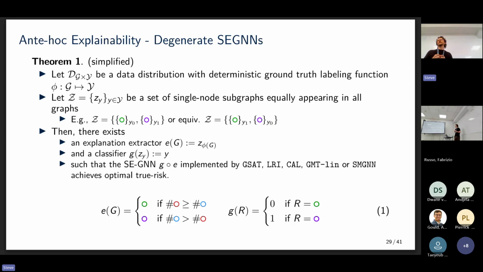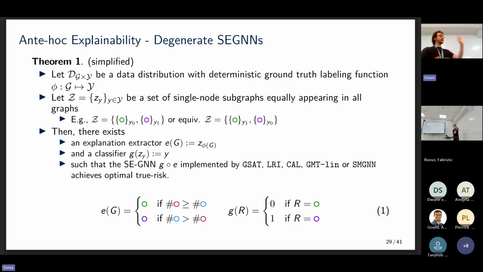So this is kind of the extreme case where the explanation is this very specific anchor set, but actually in principle, you may have any supergraph of this anchor set, right? And they may even change. So in the paper, we have an extension of this theorem that instead of showing that the unfaithful explanation achieves the optimal true risk, it achieves the best possible loss across all the explanations of that size.